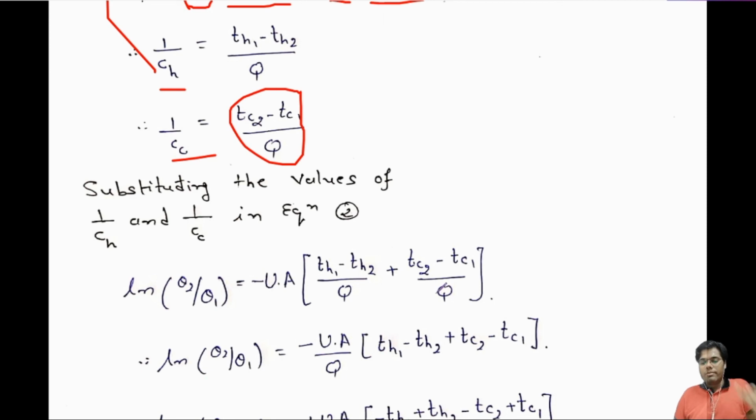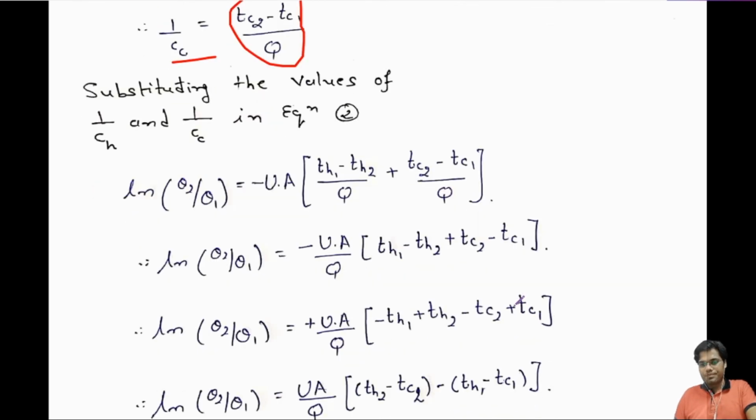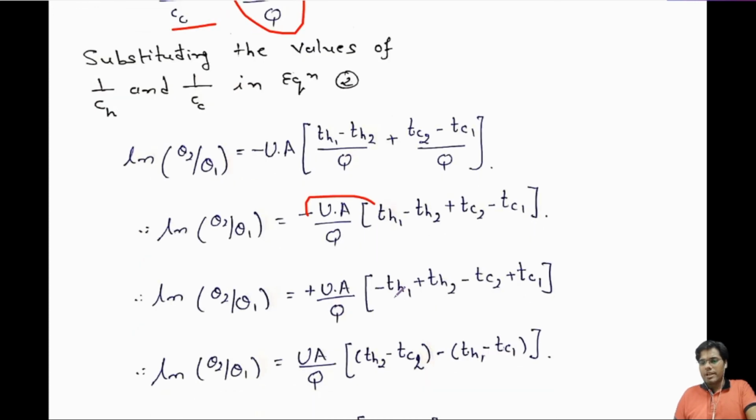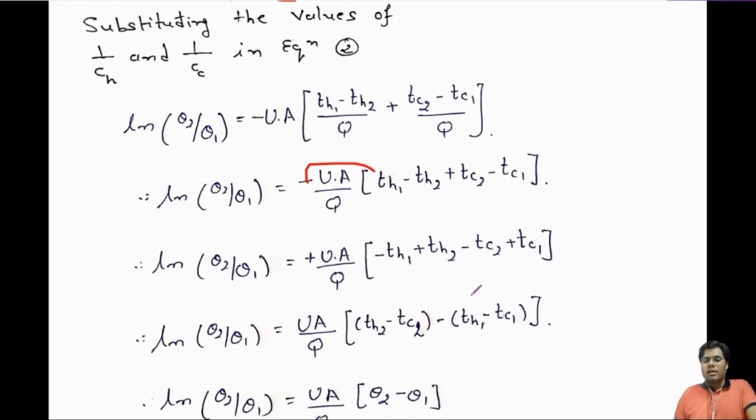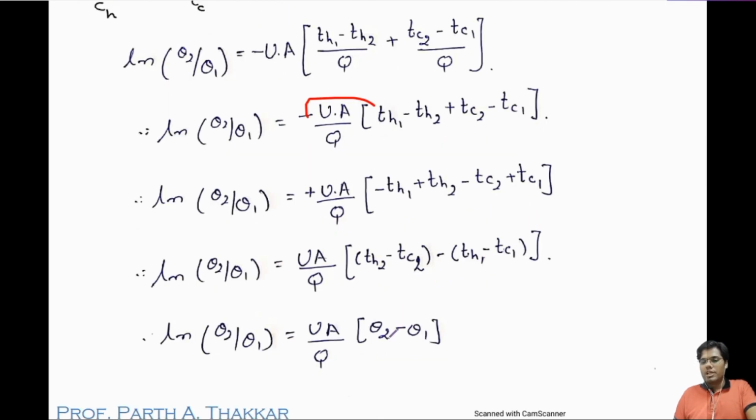Now Q will be common from both of these terms, so Q is out of the bracket. In the bracket, Th1 minus Th2 plus Tc2 minus Tc1. Now if we multiply this minus into the bracket, we will get minus Th1 plus Th2 minus Tc2 plus Tc1. Now we have to adjust all these four inlet and outlet temperatures in such a way that it will give theta 2 minus theta 1.